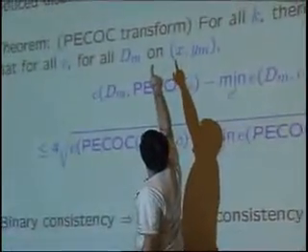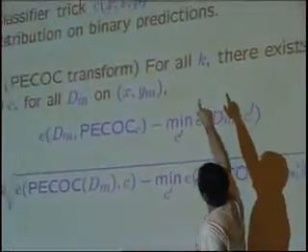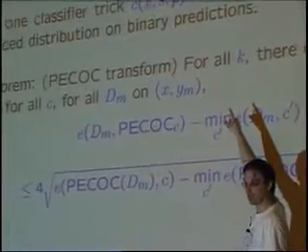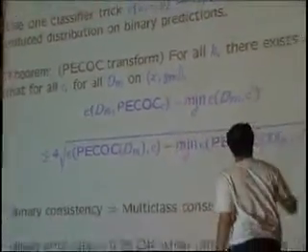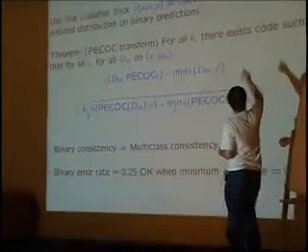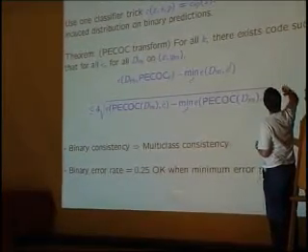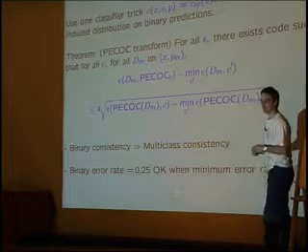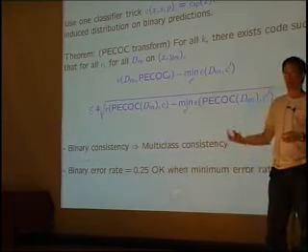So we'll have one classifier, and we'll define the different probabilistic predictions for the different subsets just by that equivalence there. And we'll let this Peacock of D sub m be the distribution induced on that binary classifier.